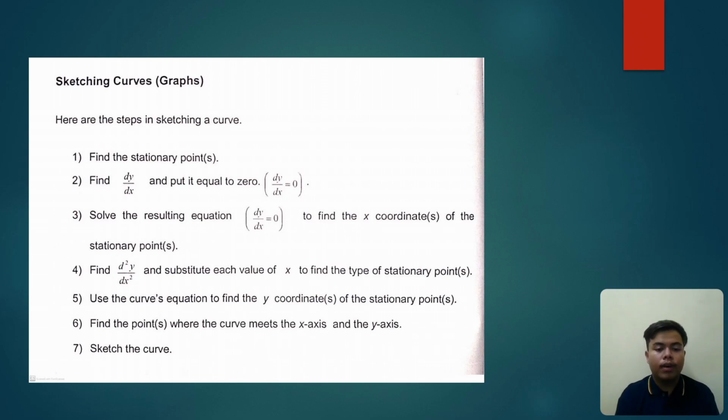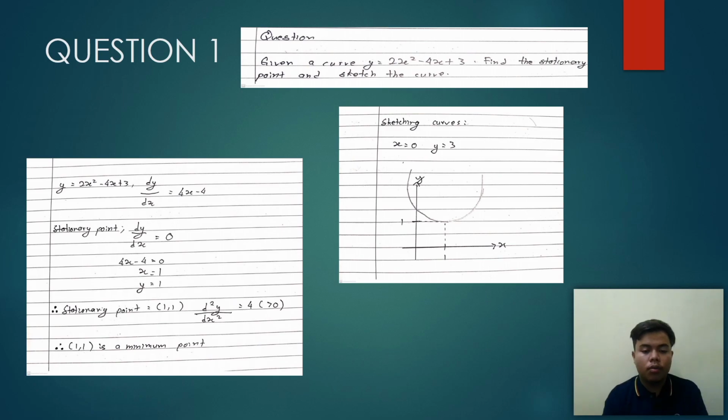Fourth, find d²y/dx² and substitute each value of x to find the type of stationary points. Fifth, use the curve's equation to find the y coordinates of the stationary points. Sixth, find the points where the curve meets the x-axis and the y-axis. The last step is to sketch the curve. That's all from this slide. We will be moving to the question.